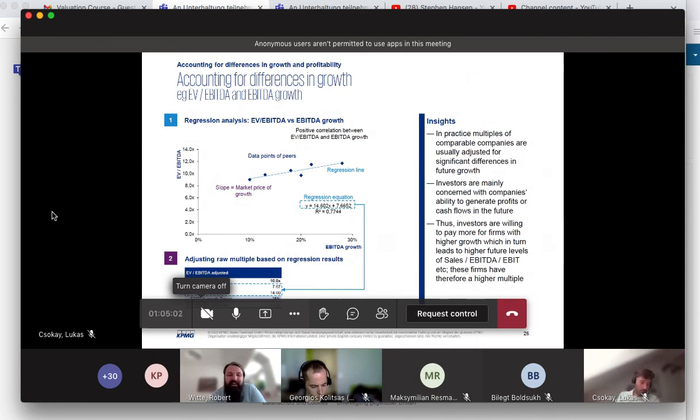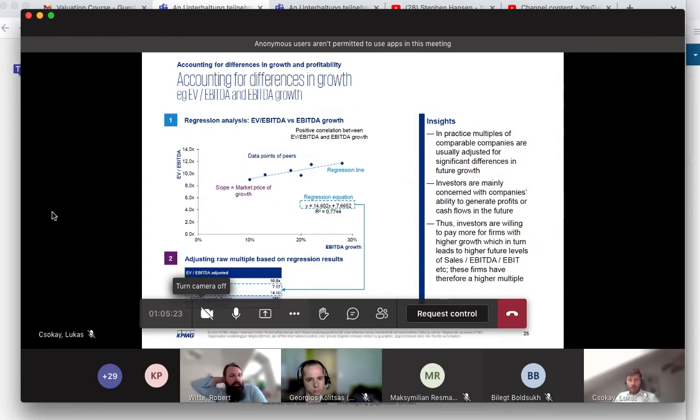That's all you can handle with Excel. No, you can't. But in practice you make sure that you account for differences in profitability, because that's the real deal breaker, so to say. And if you then also account for growth, that would be fine, but that's just the cherry on top.